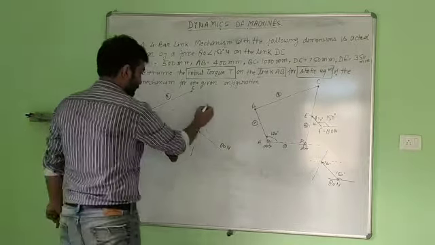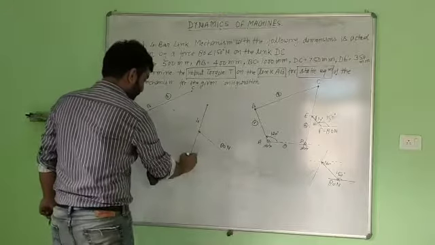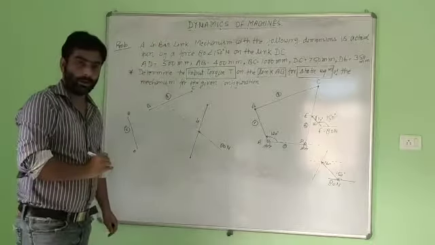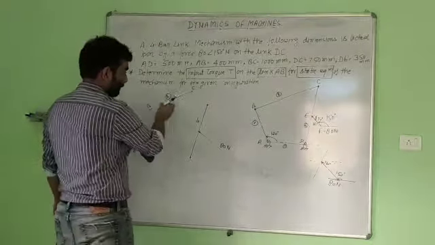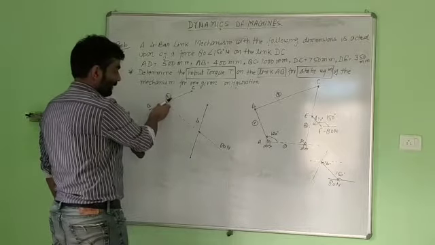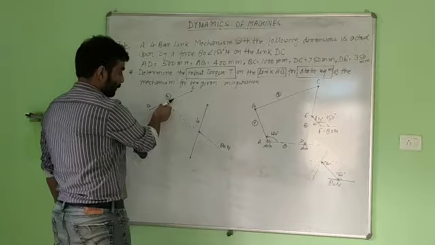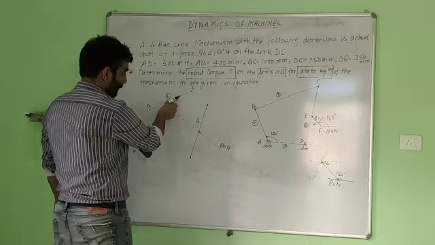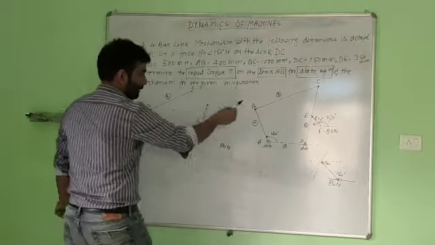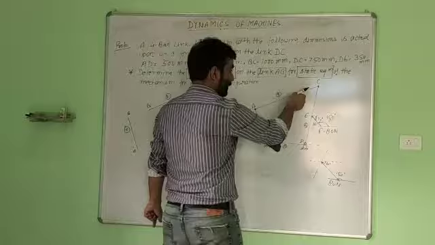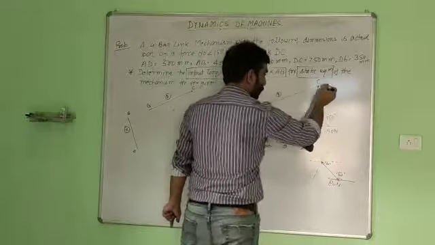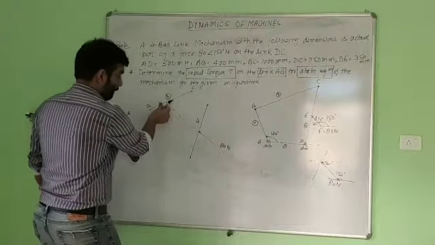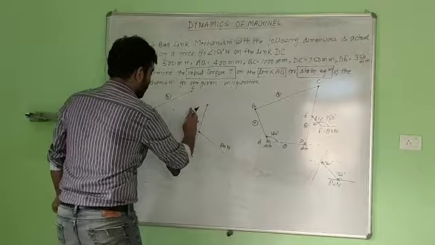The force from link number 3 will always act parallel to link number 3, because the link will be subjecting force on link number 4 either in this direction or in this direction. So just draw a line parallel to link number 3.